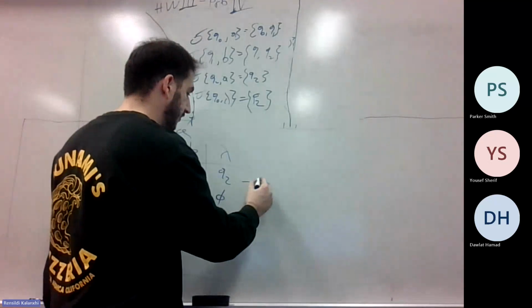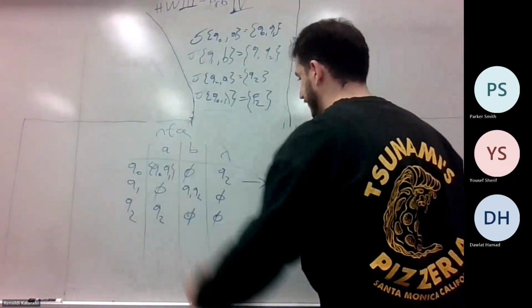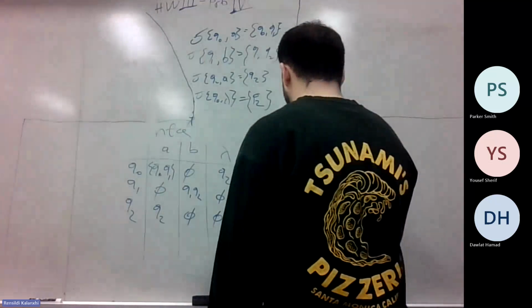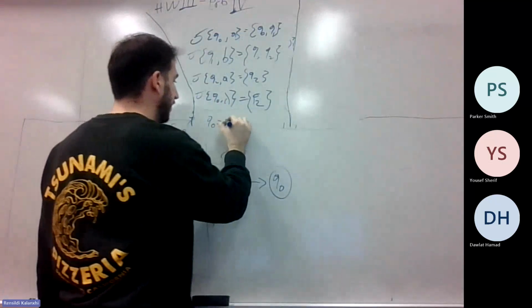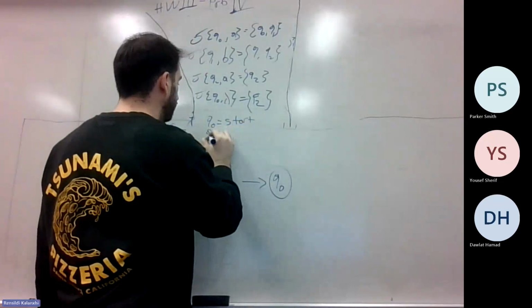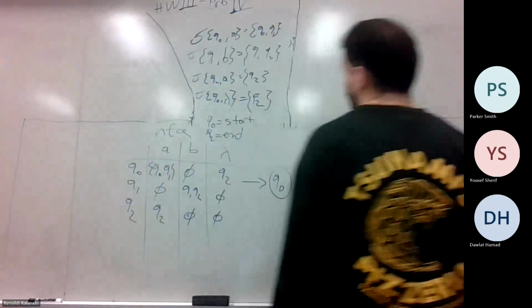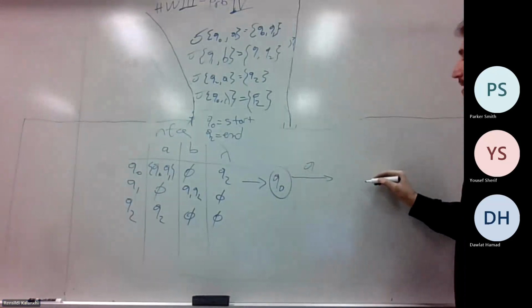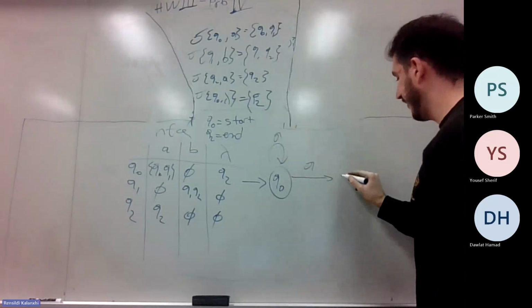Okay, so let's build the table. This is basically the same, but it's more visual here. Also we have to include that Q0 is start, Q2 is end. Q0 on A transitions to itself and Q1.